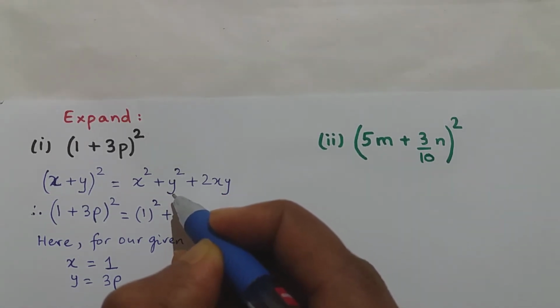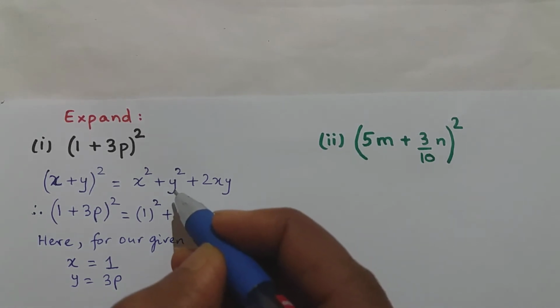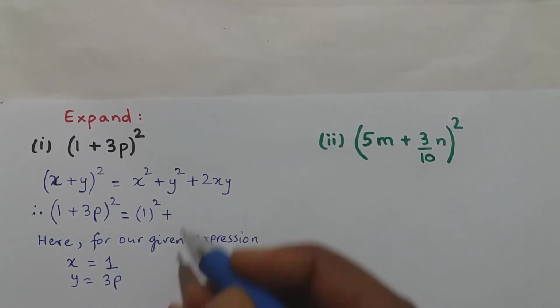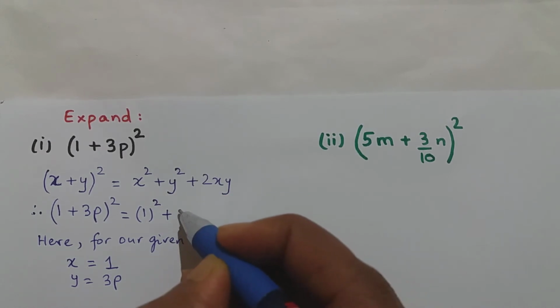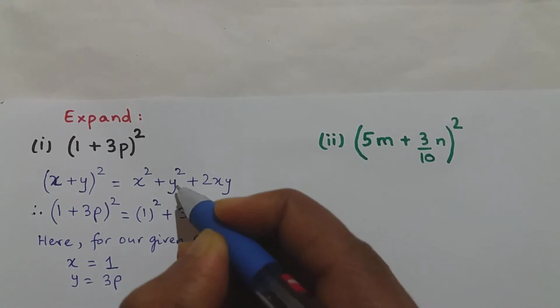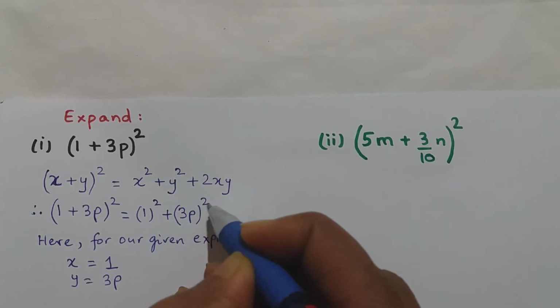Now y for our expression is 3p, so instead of y, I will write 3p whole square.